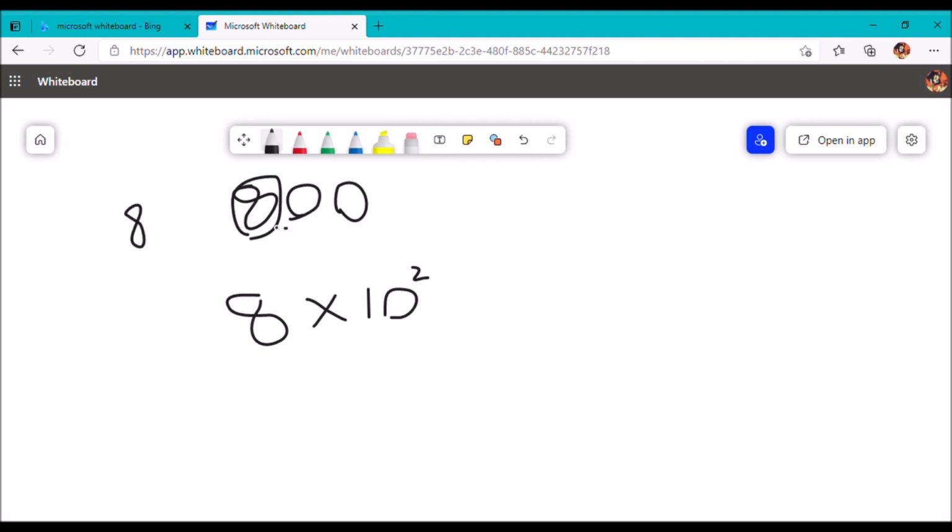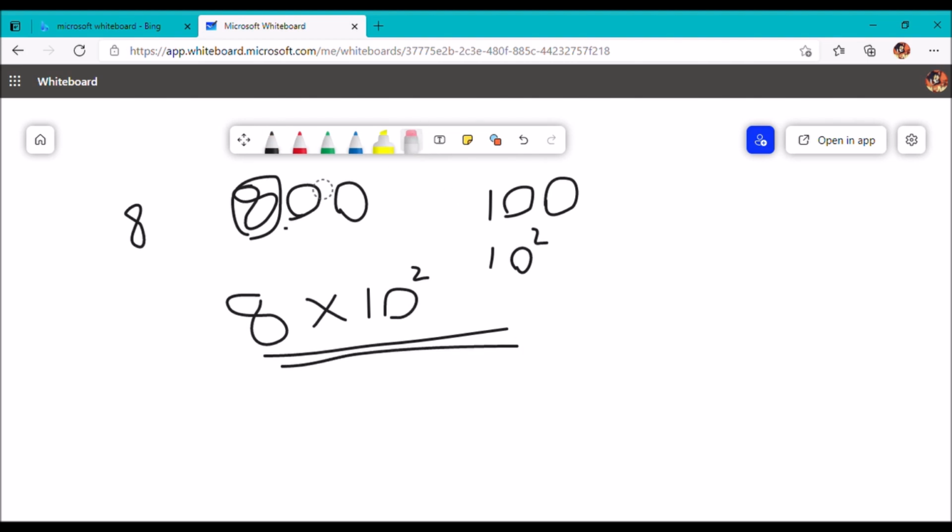So when this, we must find how this 8 becomes 800 by multiplying it by 100. So if we take this as a power, it is 10 to the power 2. So when we multiply this, we can get 800. So this is the standard form.